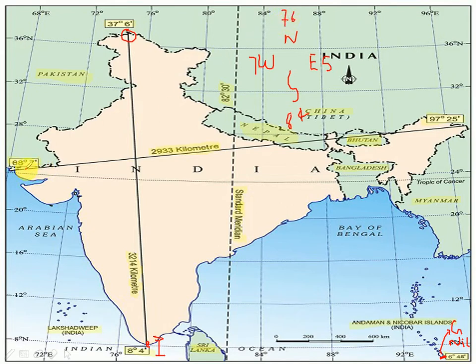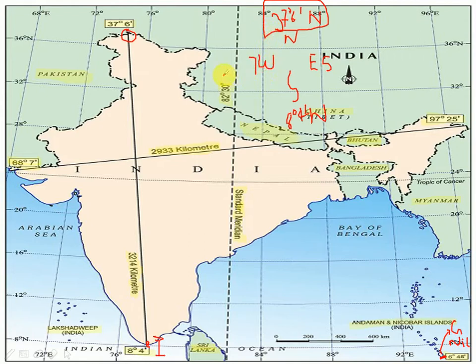Approximately the difference between both of them is 30. So if it starts from 8 degree 4 minutes north, then it should be 37 degree 6 minutes north. I'm giving you a rough idea how to memorize it.